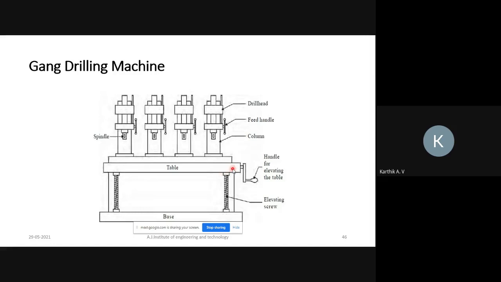Initially, the table can be adjusted for height based on the height of the workpiece. The workpiece is placed on the work table, and you can adjust its height by moving the table upward as well as downward. The elevating screw supports the table, and the base is made of strong material.